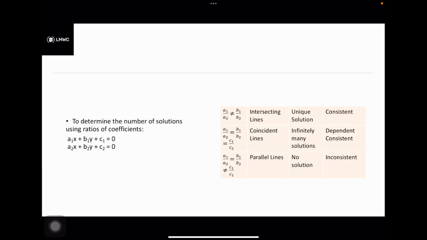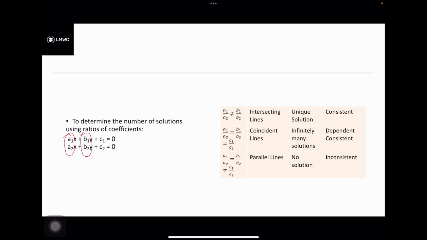The last topic of this chapter is to determine the number of solutions using ratios of coefficients. Based on the ratios of the coefficients, we can determine the number of solutions and the graphical formations of a pair of linear equations. Here we are taking the coefficients of x and putting them in ratio form.